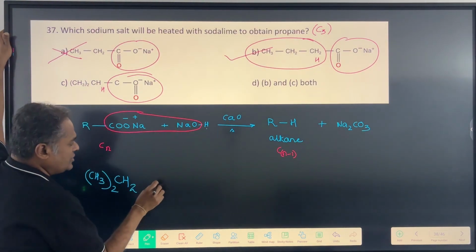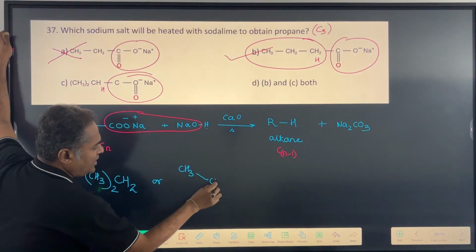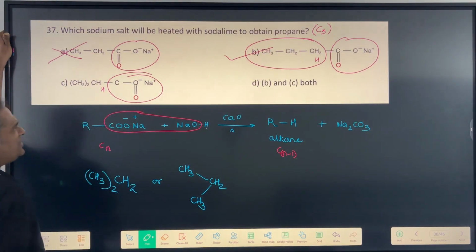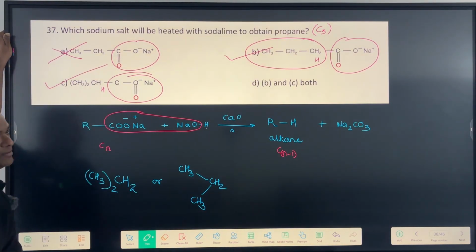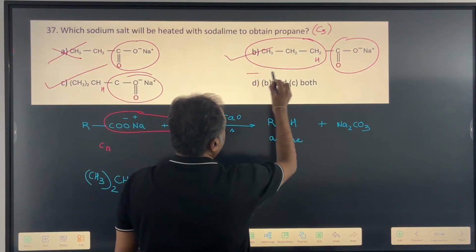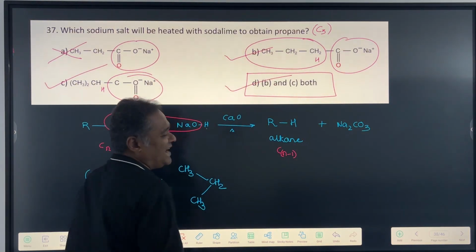So, this molecule is also nothing but CH3, CH2 and CH3. Can I call even this will give you propane? And that's the reason in this case your correct answer is D, both B and C.